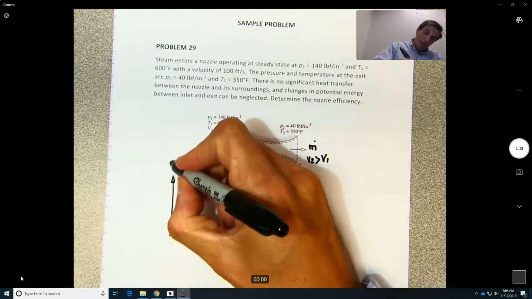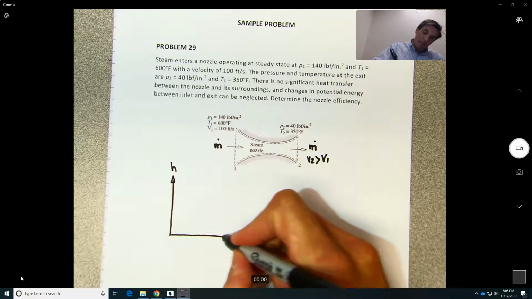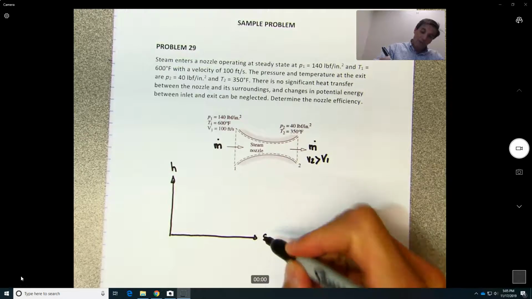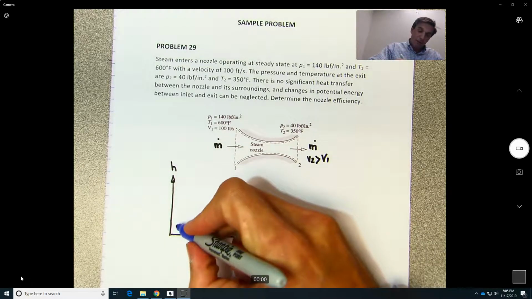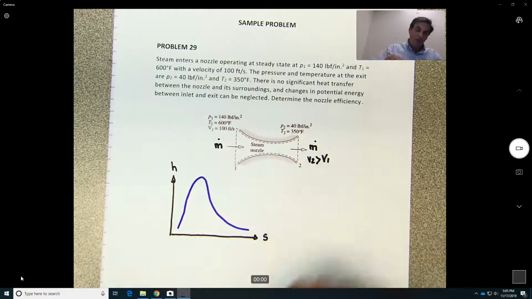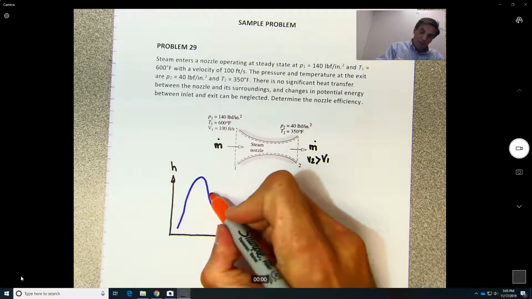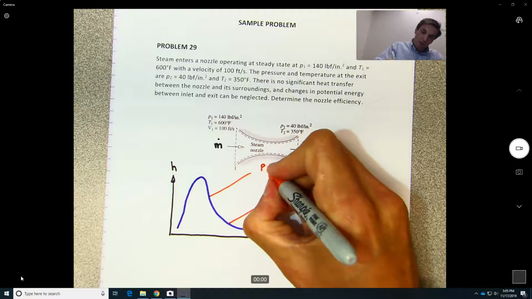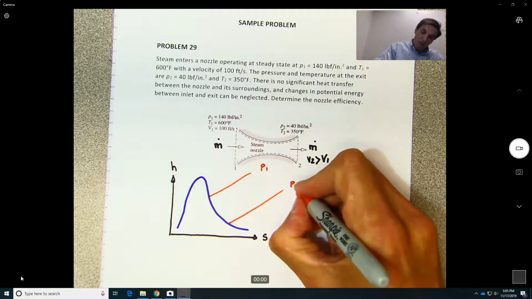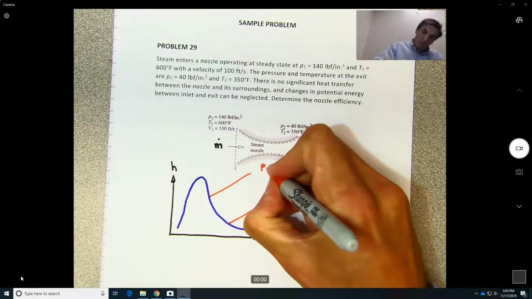And if we do the HS diagram over here, they say in the problem statement that we have steam, but again we can check that with the tables. So it will be here and here, so this will be P1, this will be P2, T2, P1, T1.